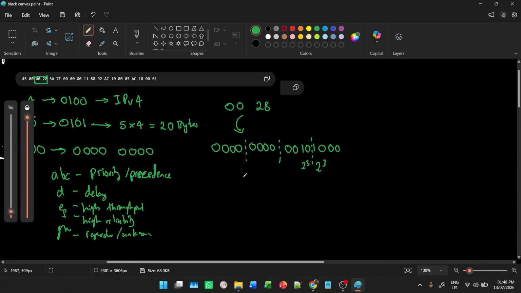So 2 to the power 5: 1, 2, 4, 8, 16, 32. 32 plus 8 is going to give us 40 bytes, right? So this is one way of doing it.